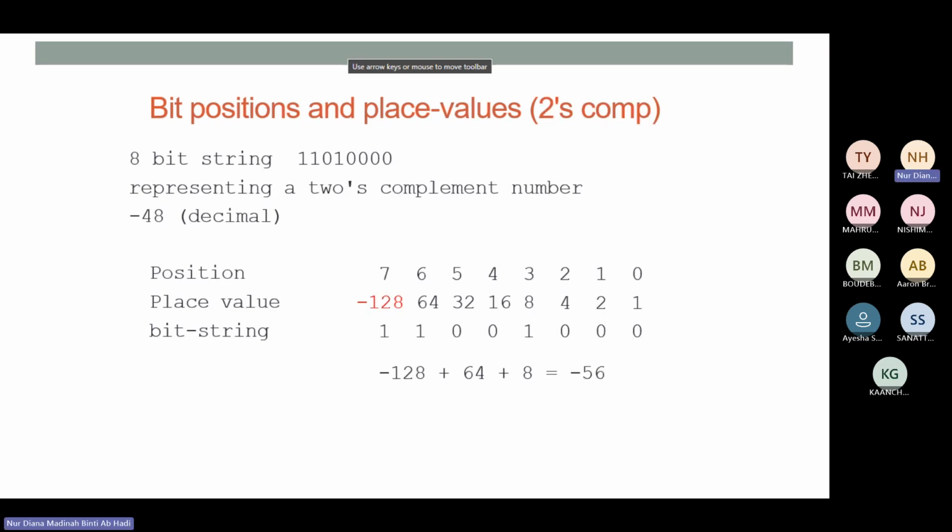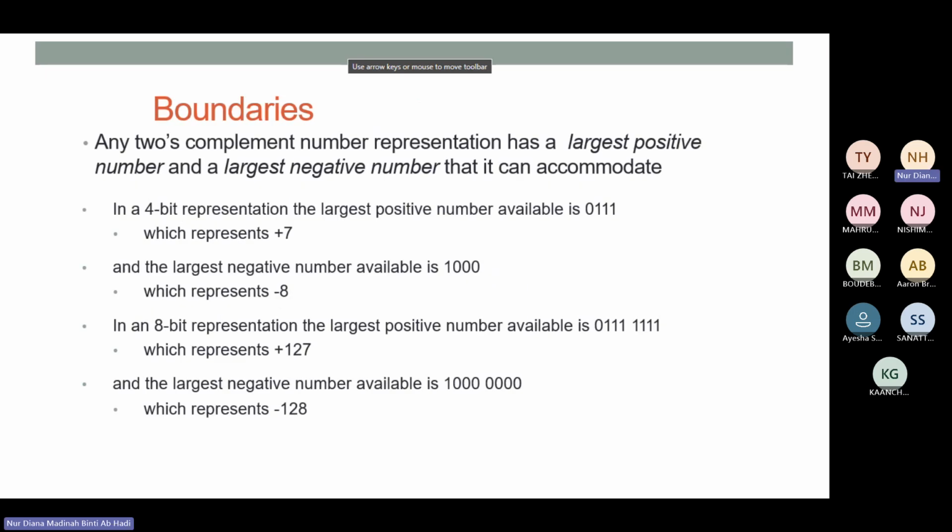So this is what I meant just now. Okay? So boundaries: any two's complement number representation has a largest positive number and a largest negative number that it can accommodate. In a 4-bit representation, the largest positive is 0111, which represents positive 7.